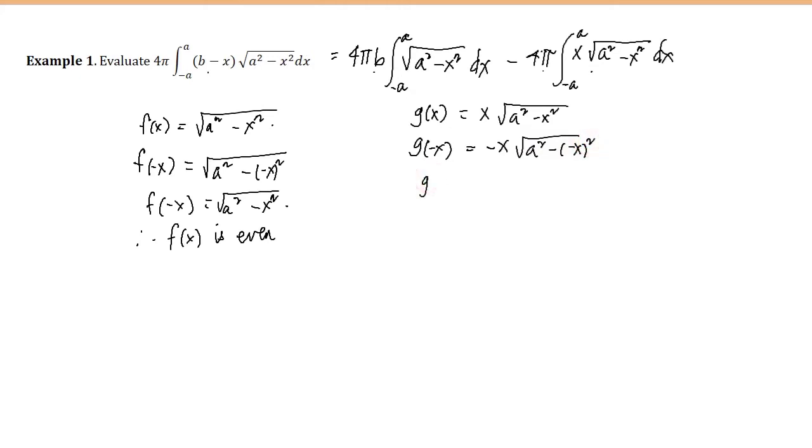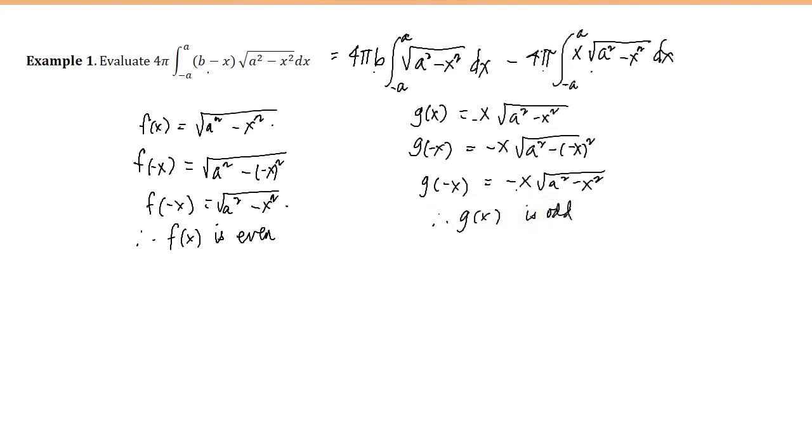So we have here g of negative x is equal to negative x square root of a squared minus x squared. So makikita natin dito, we have here the g of x, and the g of negative x ay naging negative siya. So meaning, the g of x is an odd function.